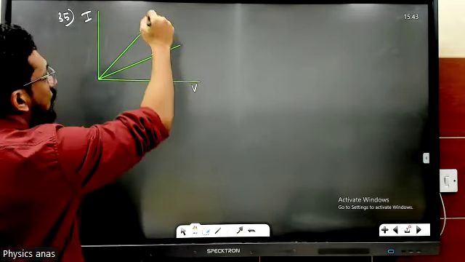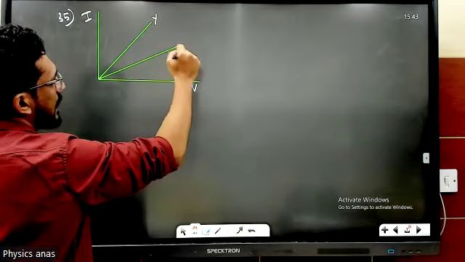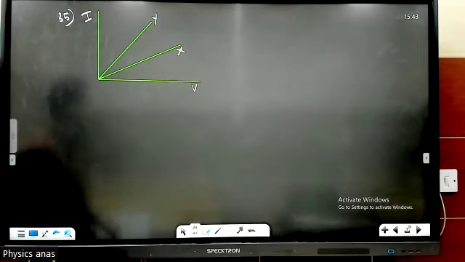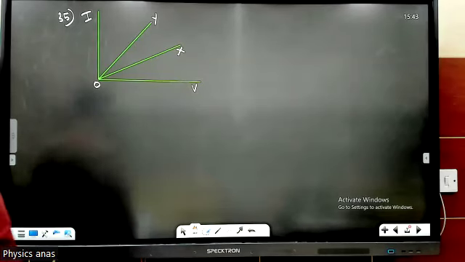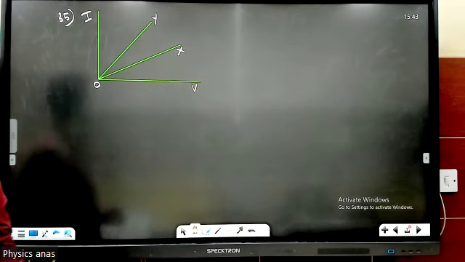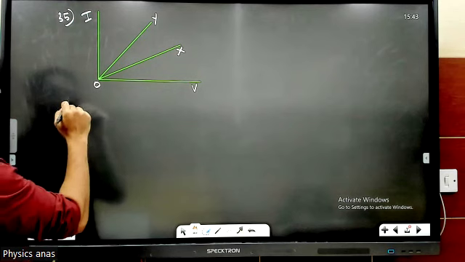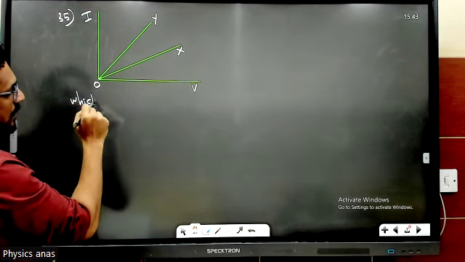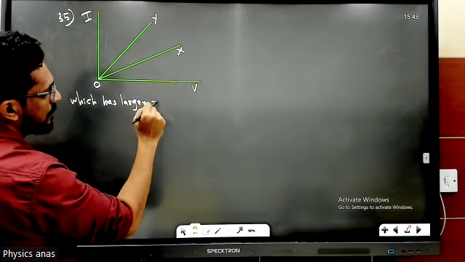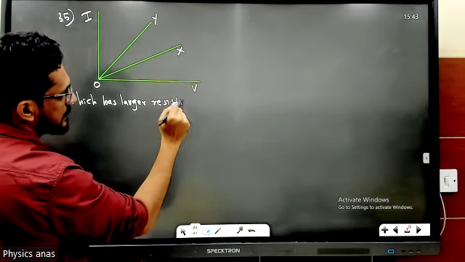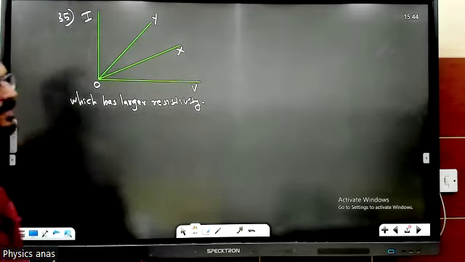As you can see, Y has greater slope and X has lesser slope. And what is the question? Which has larger resistivity? How can we do this?